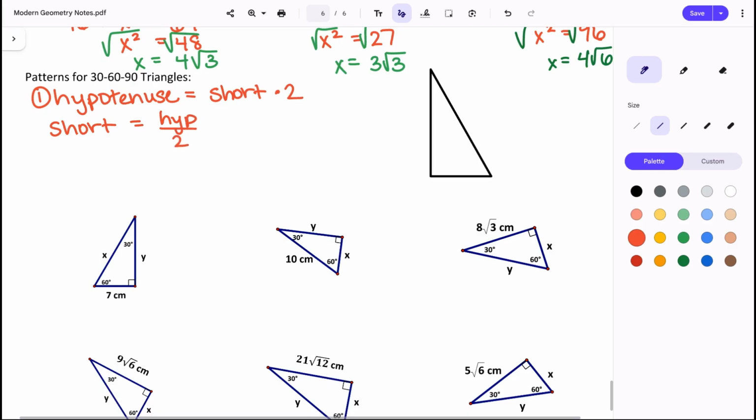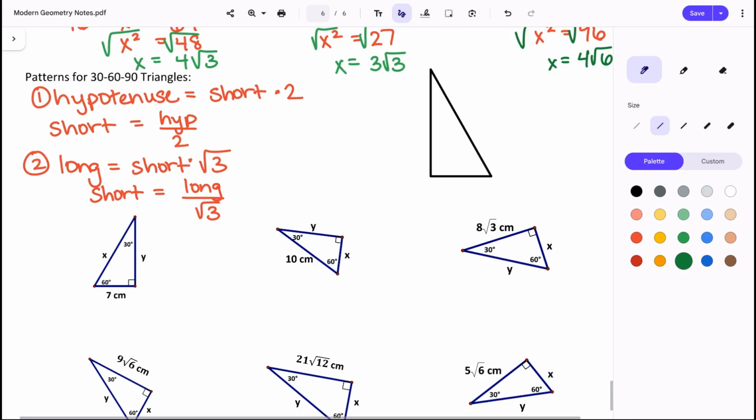Okay, so that was one relationship. Another thing that we saw was that the longer leg was whatever the short leg is times the square root of 3. And again, if I wanted to find the short leg and I had the long one, I would need to take the long leg divided by the square root of 3. So you can always go back and forth between the two legs depending on which one they give you.